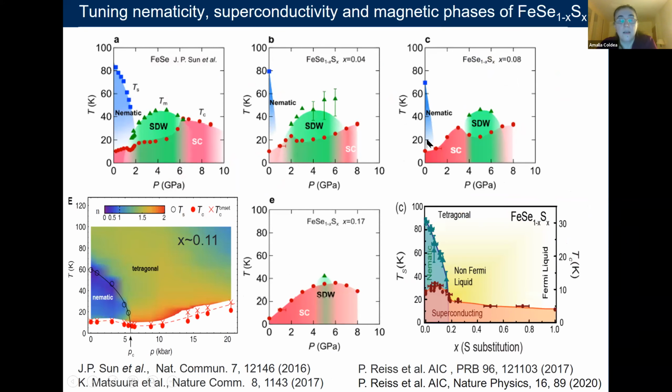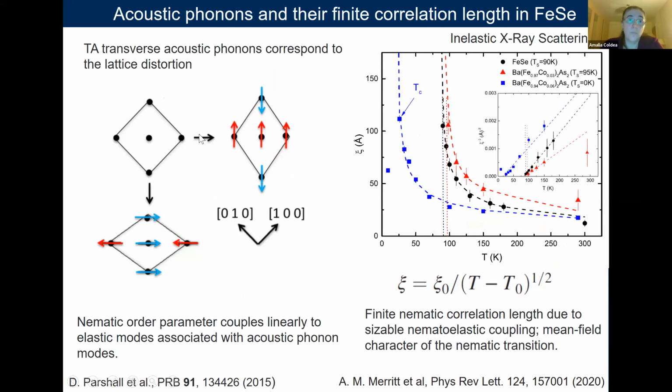So when we discuss the coupling with the lattice, we have to remember that the lattice distortion from tetragonal to orthorhombic corresponds to transverse acoustic phonons.